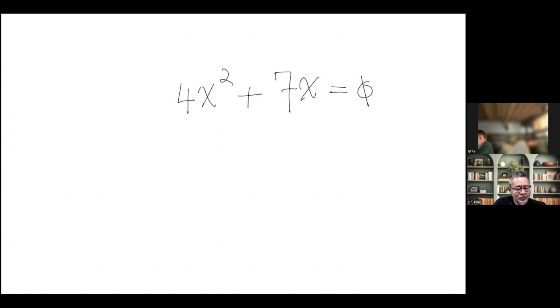Yeah, good job. Okay. Negative 3x squared plus 15x equal to 0. See this one.